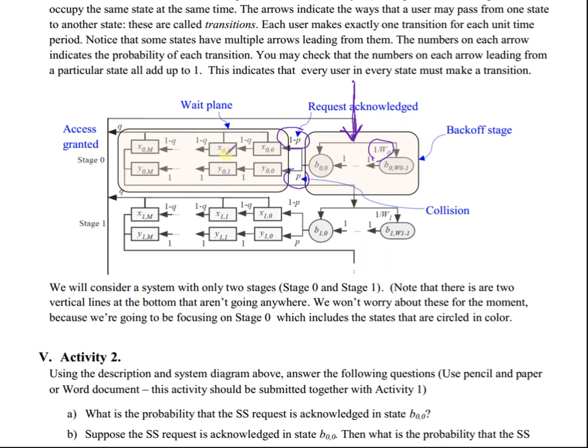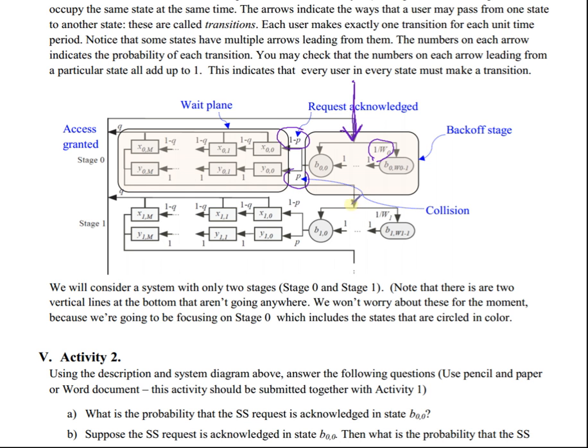Then the same thing happens here. At this state, there's a probability Q that I get access granted, 1 minus Q that I don't, and I get passed down the line here. Once I reach the last stage, there's a probability Q that I get access, probability 1 minus Q that I'm passed on to the next stage.